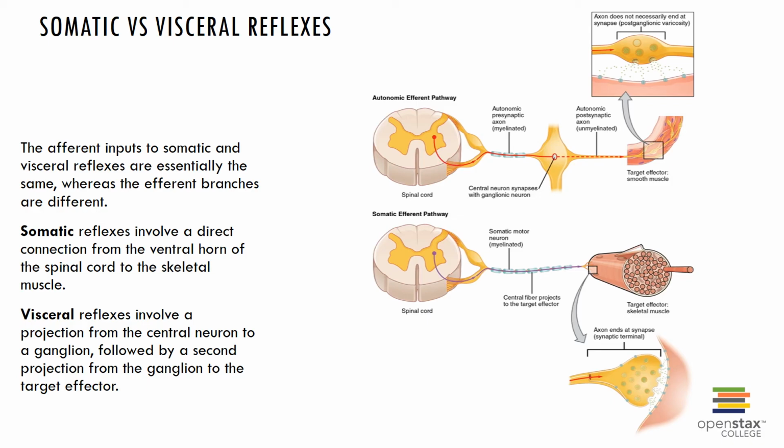Here you can see the difference in somatic versus visceral reflexes. Somatic reflexes involve a direct connection from the ventral horn of the spinal cord to the skeletal muscle. Visceral involves a projection from the central neuron to a ganglion, followed by a second projection from the ganglion to the target effector.